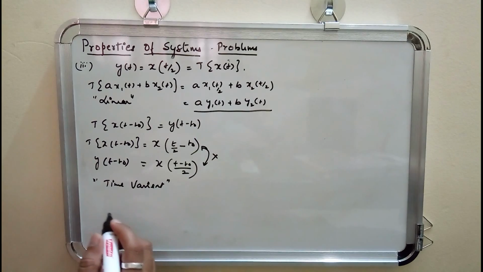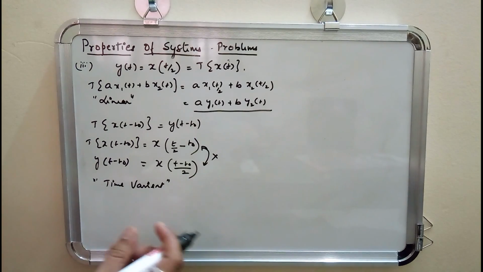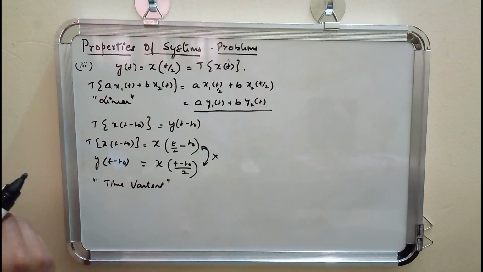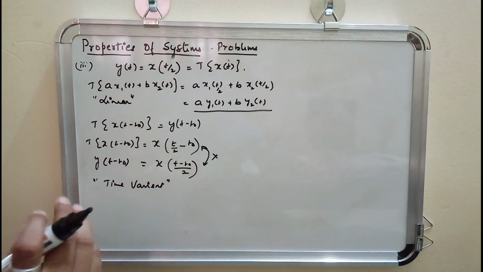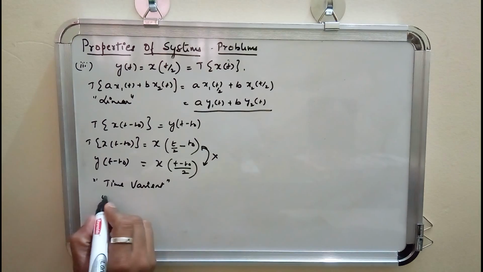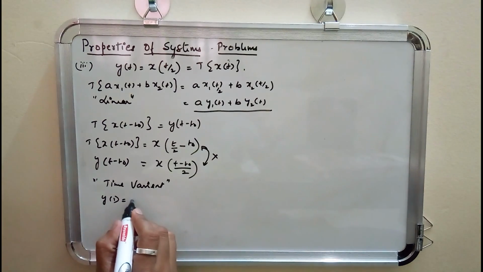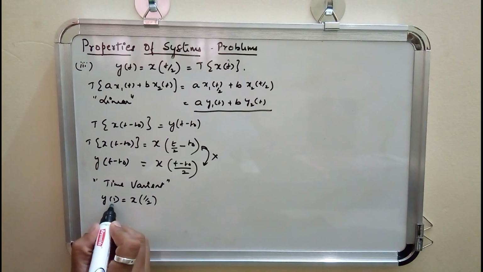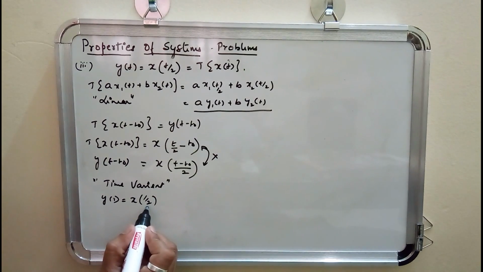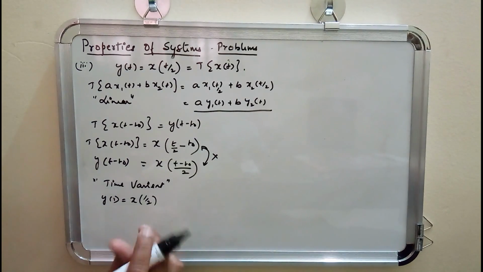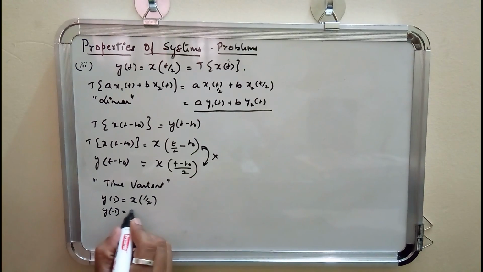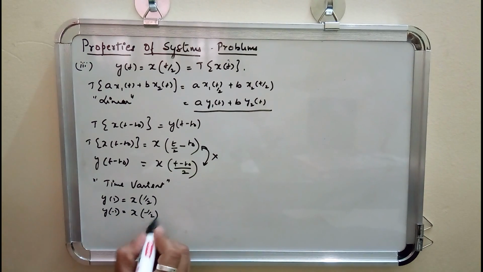The third one is causality. If the output at one instant depends upon the input at the same instant or a past instant, then it is called a causal system. Say y of 1 is x of half; that means the output at one instant depends upon the input at a previous instant. This is right. If I take y of minus 1, I would get x of minus half.